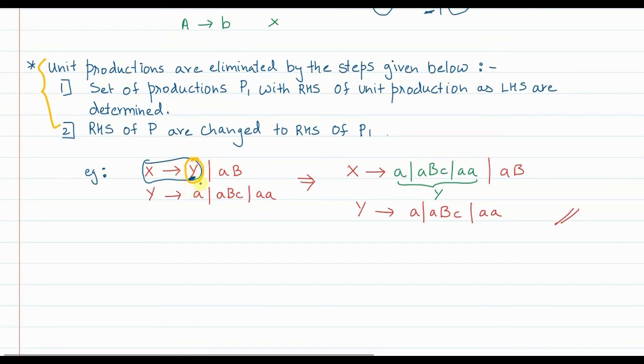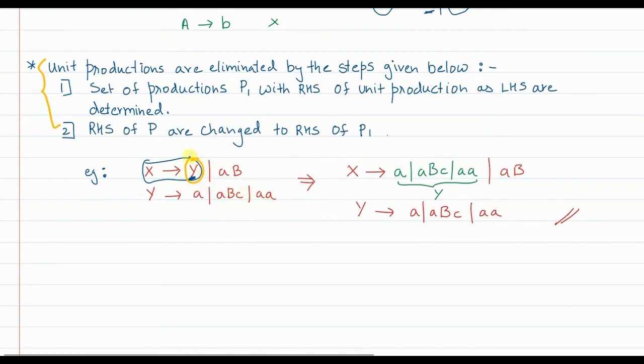So removing the unit production means I should be able to change this term to something that is no longer a unit production. So I go through all other productions in my grammar and see whether there is a Y production, whose left hand side element is Y. This is called the Y production because the left hand side non-terminal is Y. Then I replace this Y with the right hand side of it, because Y can be successfully replaced with this whole term.